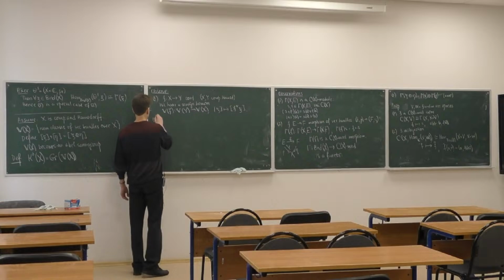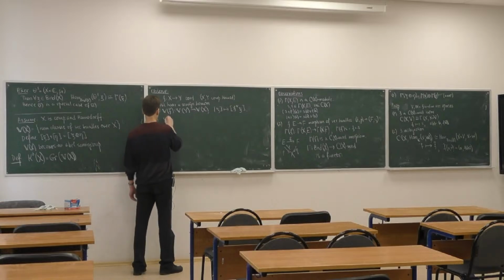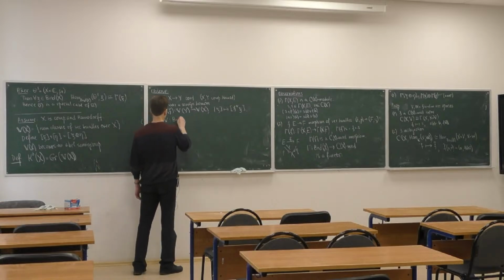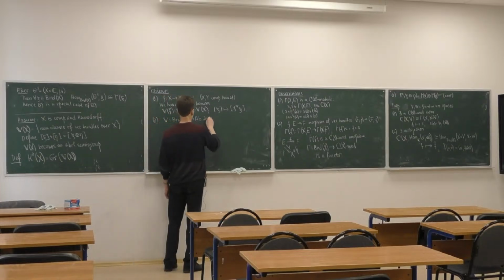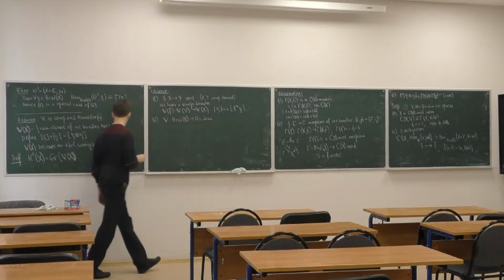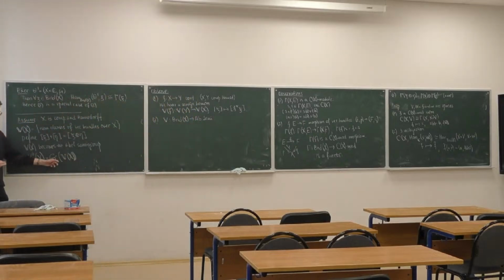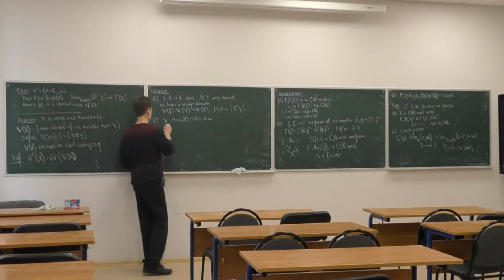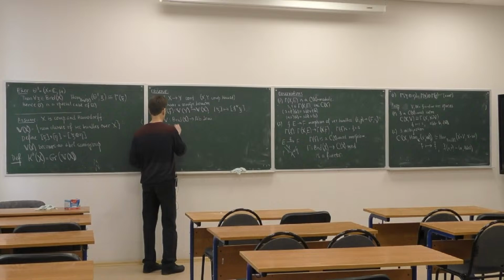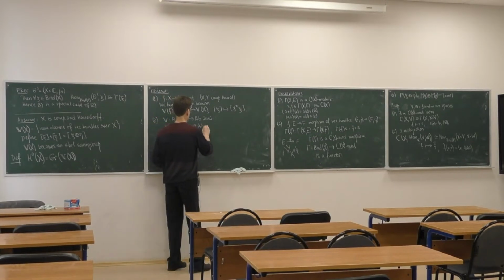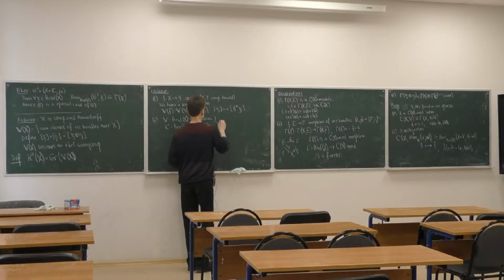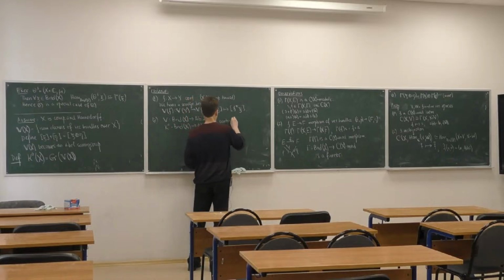So as a result, we deduce that V is a contravariant functor from compact Hausdorff spaces to abelian semigroups. And since the Grothendieck group is also a functor from abelian semigroups to abelian groups, we deduce that K0 is also a contravariant functor to abelian groups. So they are contravariant functors.